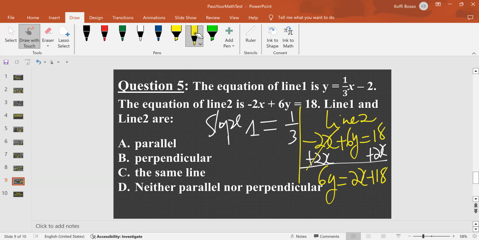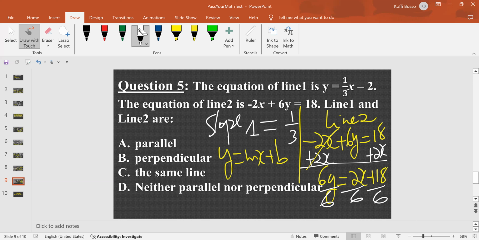Understand this, I'm looking for y equals mx plus b form, so I wrote the 2x term with x before the positive 18. Now to get this slope, I'm going to divide everything here by 6 to get y alone. So divide by 6, divide by 6. Because I'm looking for the slope, I will focus on the coefficient of that x.